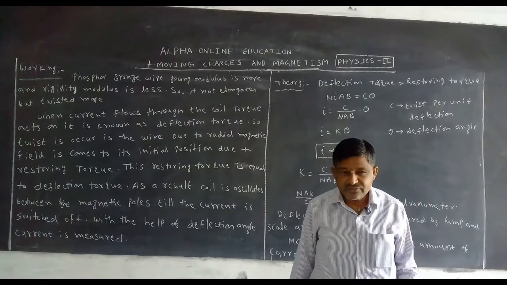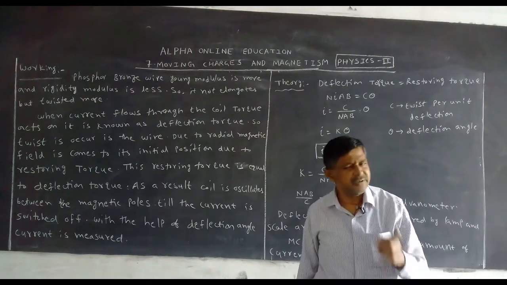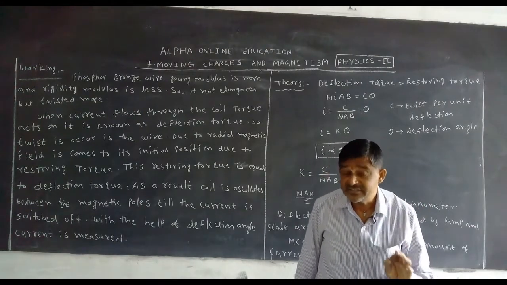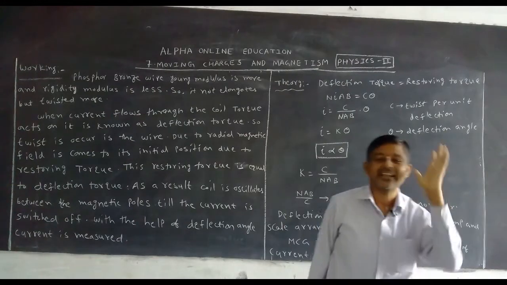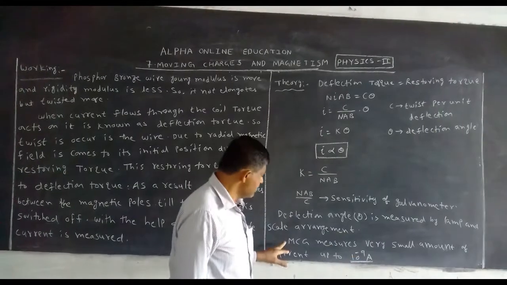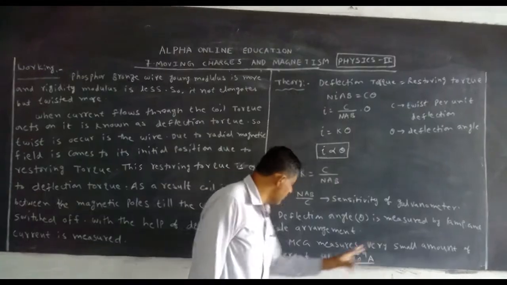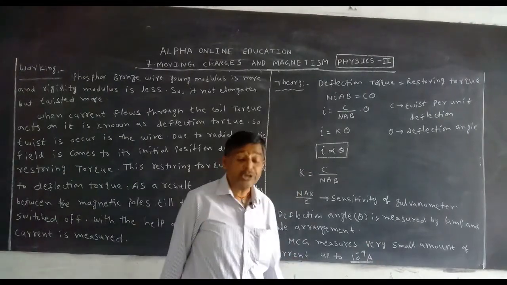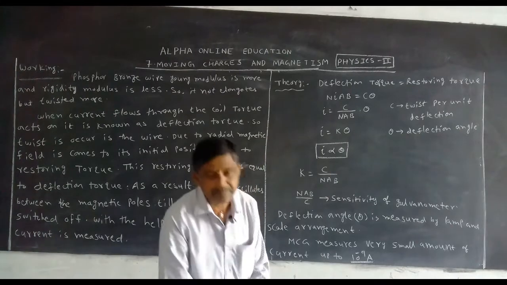Now, what is the use of this moving coil galvanometer? It measures current, but it measures very, very small current. How much current? The MCG measures a very small amount of current, up to 10 to the power of minus 9 amperes.